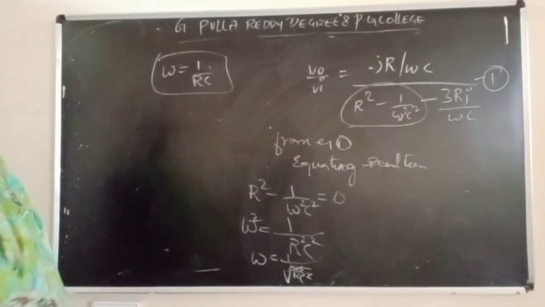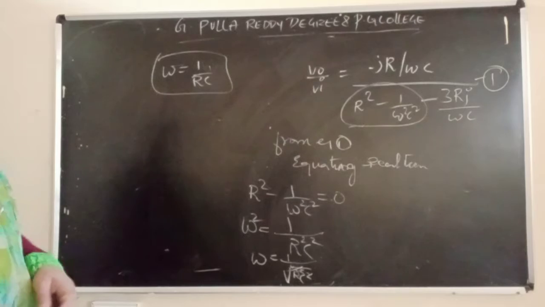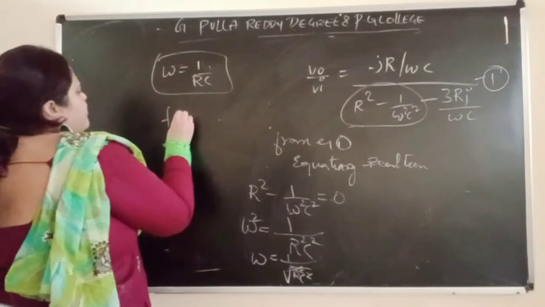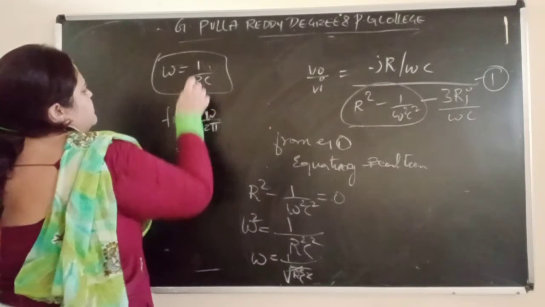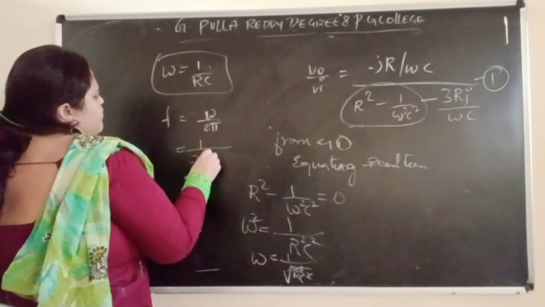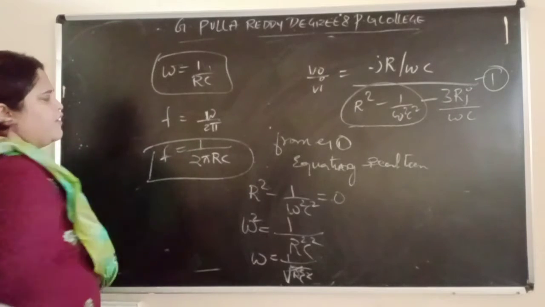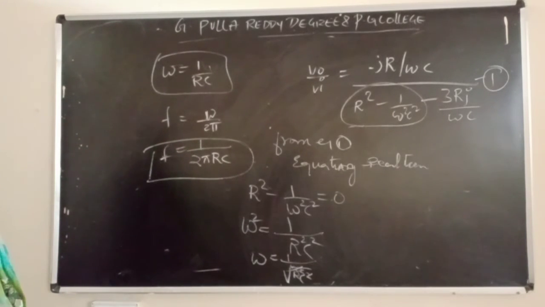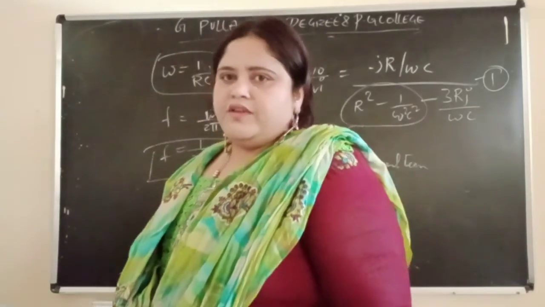This is the value for omega. Now what is the frequency formula? F equal to omega by 2 pi. Substitute this: 1 by 2 pi RC is the frequency formula for your Wien bridge. So finally we got the frequency formula of your Wien bridge.